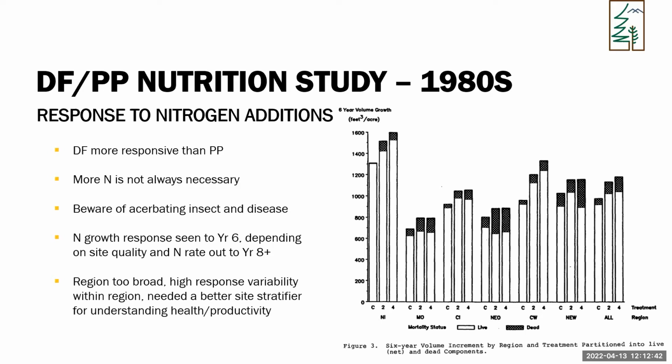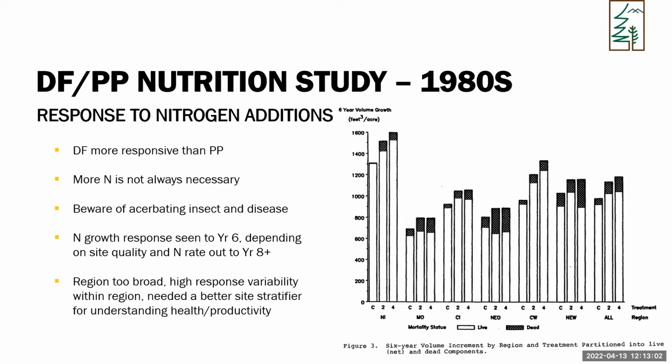And we quickly realized that that was a non-starter, partly because there are other dynamics going on within region. You have different parent materials, you have different topographic positions, you have the whole elevational gradients that mitigate your temperature and moisture regimes.